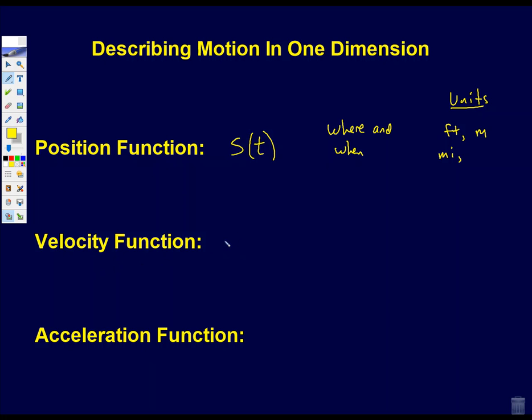That's the velocity. So the typical name for the velocity function is function v, but in terms of calculus, it's the rate at which the position is changing. And so that would be the slope or derivative of the position function. It's going to tell me how fast. Okay, so the numerical value tells me how fast it's changing, but the numerical value also tells me the direction.